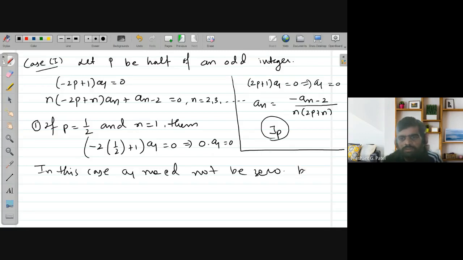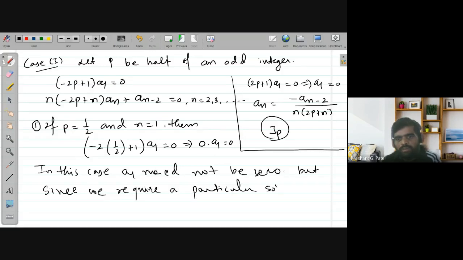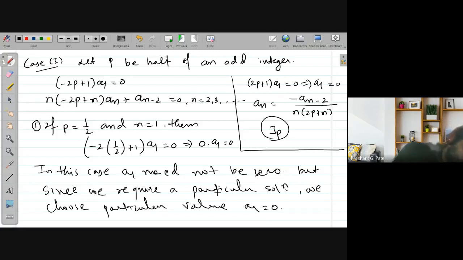But since we require a particular solution, we choose a particular value, that is a1 equal to 0. So we'll require the particular solution. In particular we can choose this a1 is 0. So we'll have no problem with this Jp. We can achieve it as we have discussed earlier.